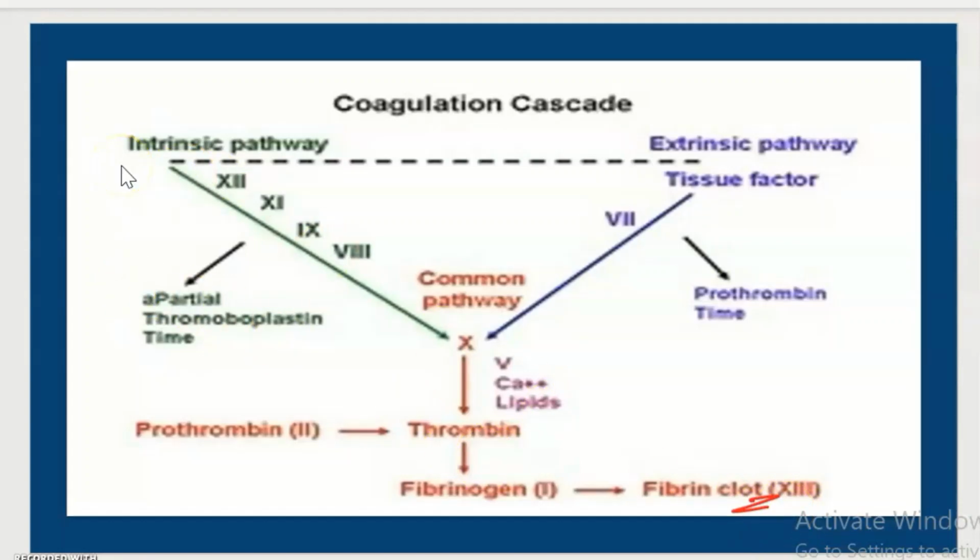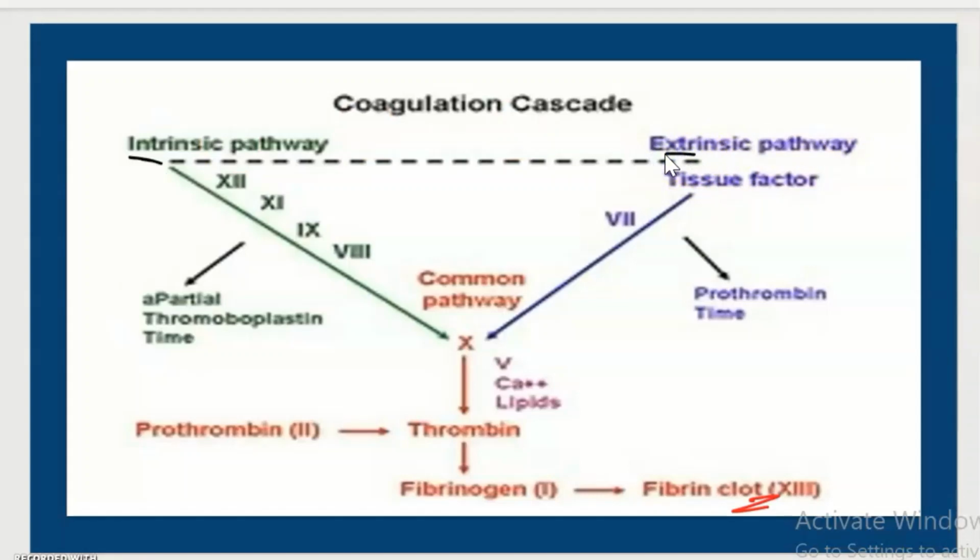Intrinsic pathway is activated when there is internal injury within the vascular system, as the name shows. So it's easy for you to remember that in intrinsic pathway there is internal injury. The second one is extrinsic pathway.